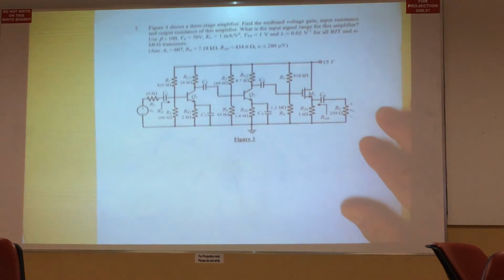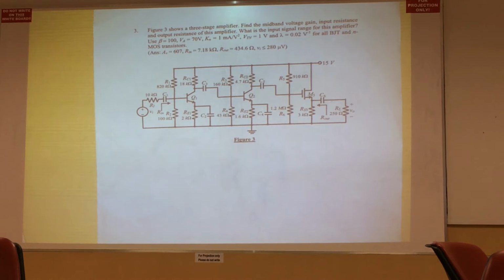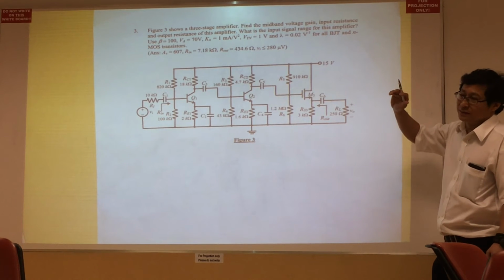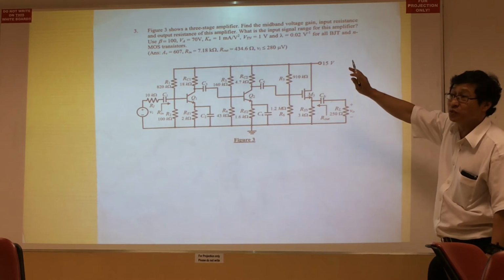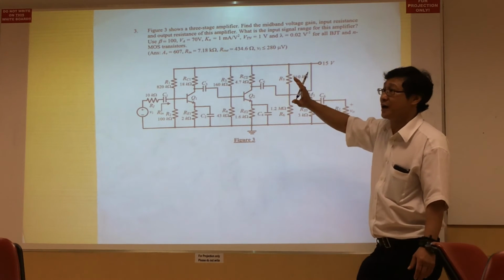Okay, let's take a look at question 3. Now this is question 3. Realize that just now we only had 2 stages. This one is 3 stages. Now, in the exam, most likely, when you look into multi-stage, the DC condition will not be asked.